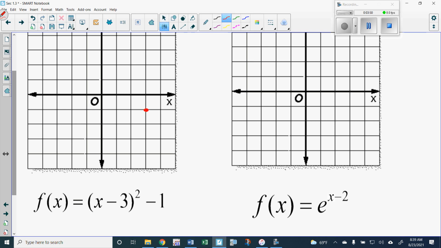So quadratic. E to the x minus 2 is e to the x, and it moves it right 2. Now, if you think of normal e to the x, it goes through 0, 1. So if it goes right 2, it just goes through there.